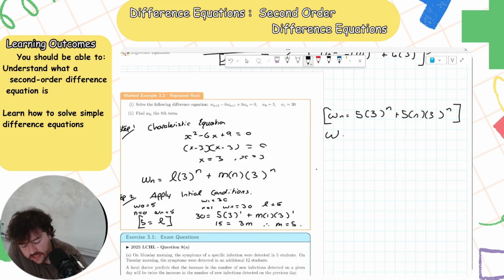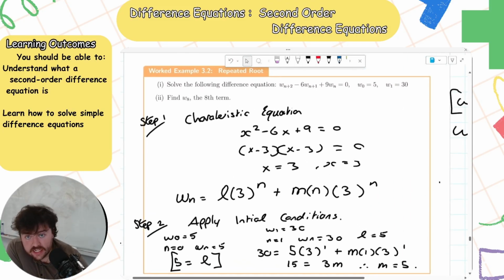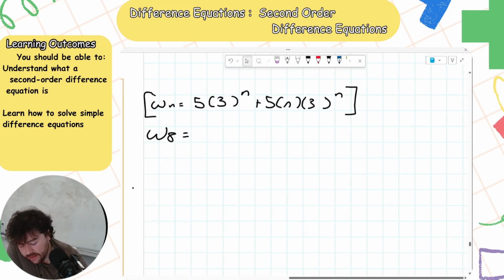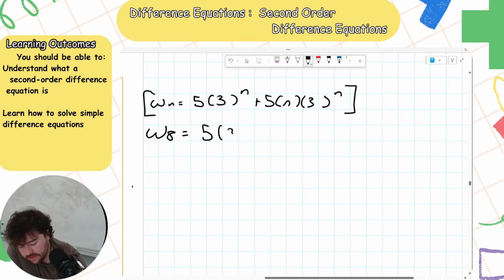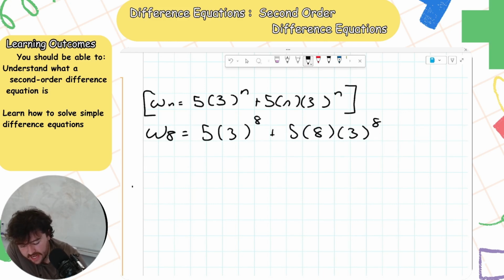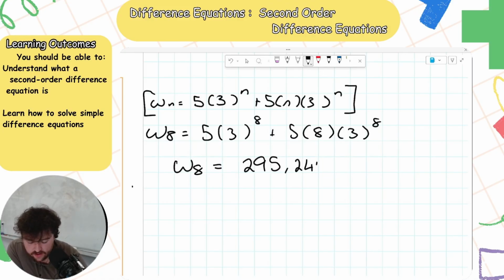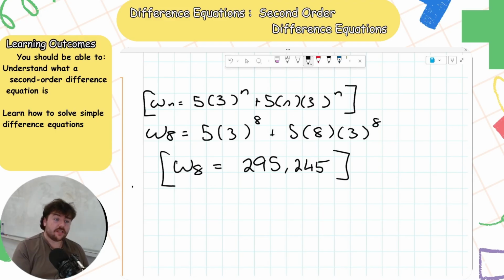And then if I'm asked to find W8, i.e. the 8th term, that's just going to be 5 times 3 to the 8 plus 5 times 8 times 3 to the 8. W8 is going to be equal to 295,245. That's the 8th term of the second order difference equation.